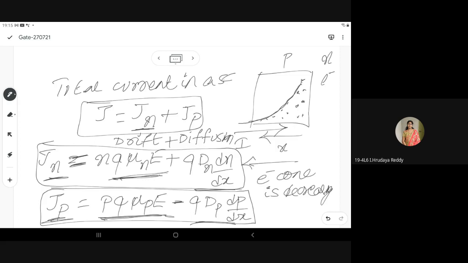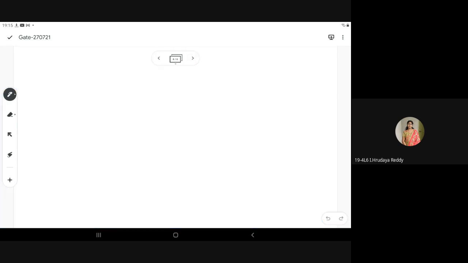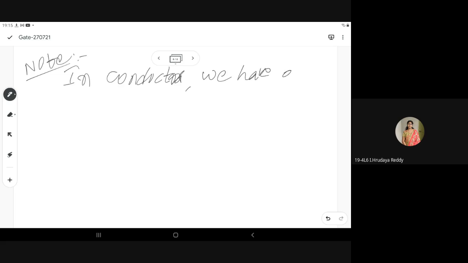In semiconductors, we come to know that there is a drift current as well as a diffusion current. What happens in conductors? Make a note. In conductors, we have only drift current. Why? There is no concept of holes, so all are electrons.